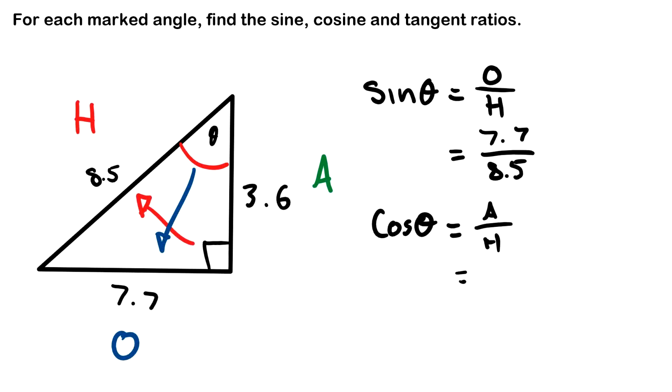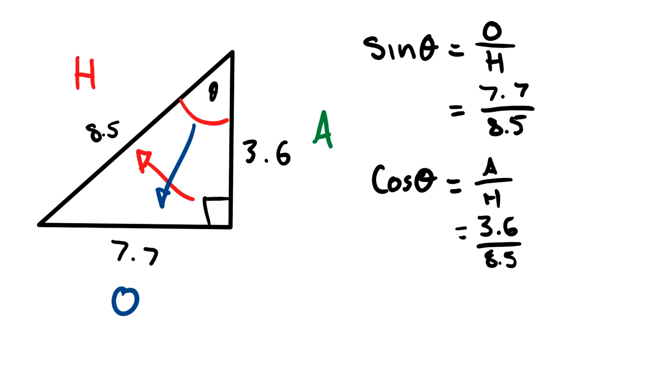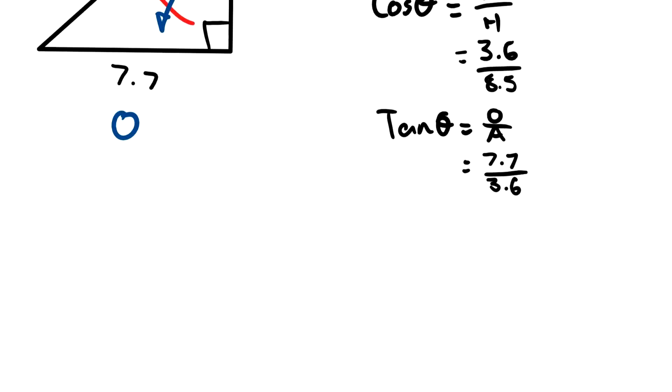What's my adjacent? That was 3.6 over my hypotenuse, which was 8.5. And we finally do our last one, which is tan, TOA, so O over A. So tan theta equals O over A, where O is 7.7 over our adjacent, which is 3.6. And we've just done all our trigonometric ratios for that triangle.